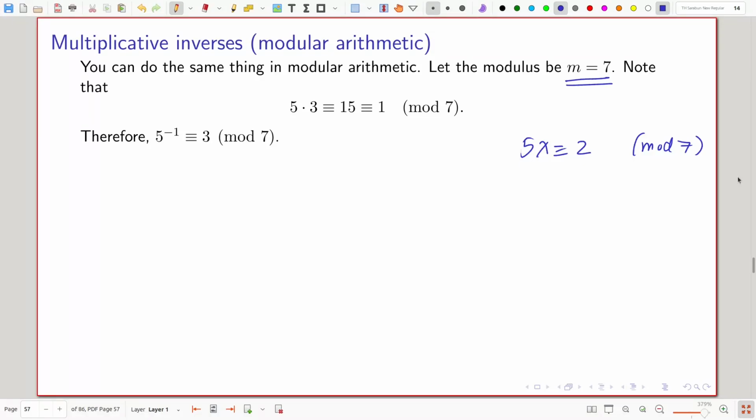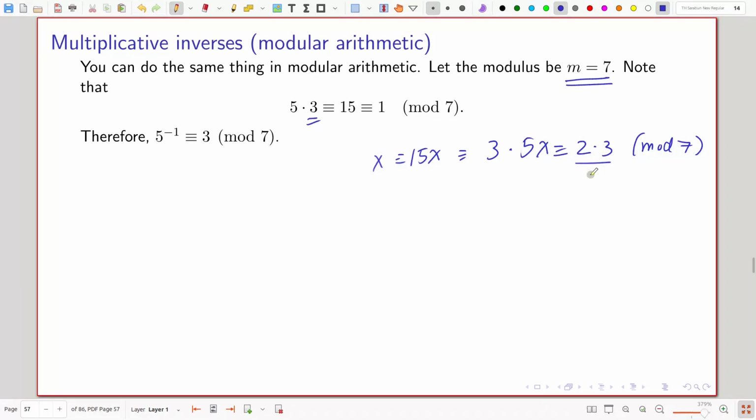So I want to find some number that after I multiply with 5, I get back 1. Okay? But what is that number? Modulo 7 it is 3, because 5 times 3 is 15, which is 1 mod 7, right? So I can multiply the whole thing with 3, and I get 15x, and that's going to be x, right?